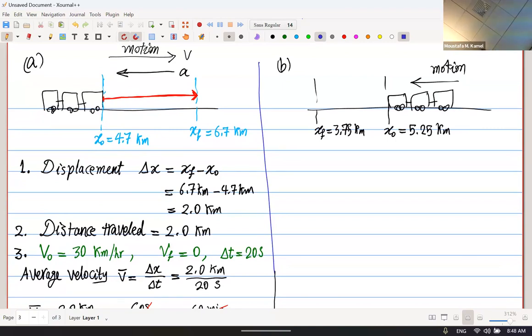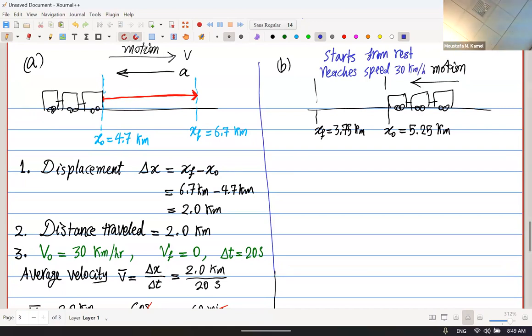So let's say it starts from rest and reaches a speed of, let's also make it 30 kilometers per hour.